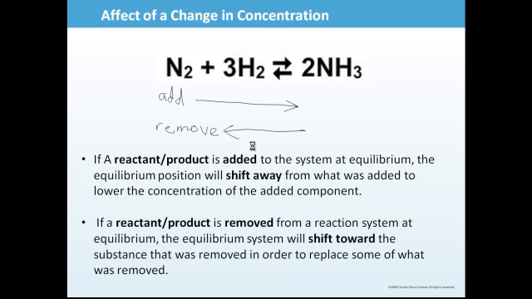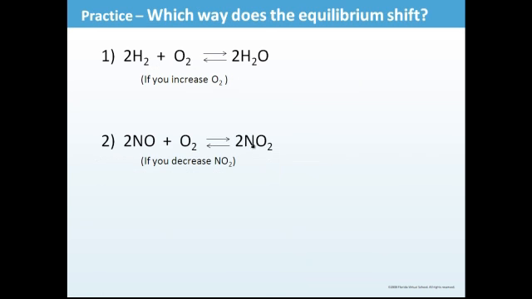So let's look at a couple examples here for the concentration shifts. In the first one, I've got hydrogen plus oxygen yielding water. If I increase oxygen, which way would it shift?